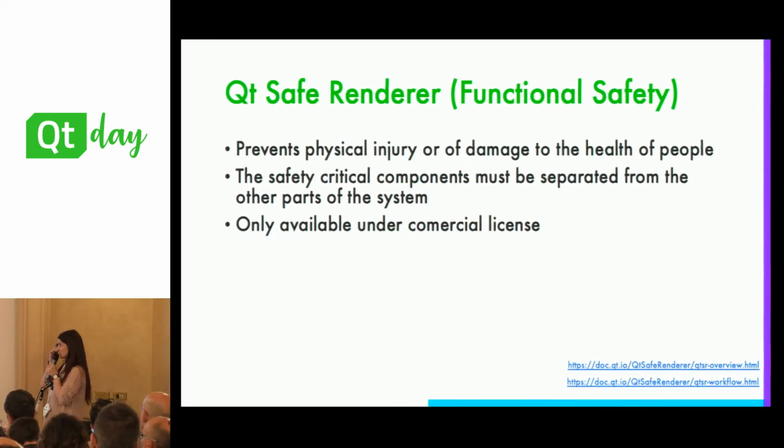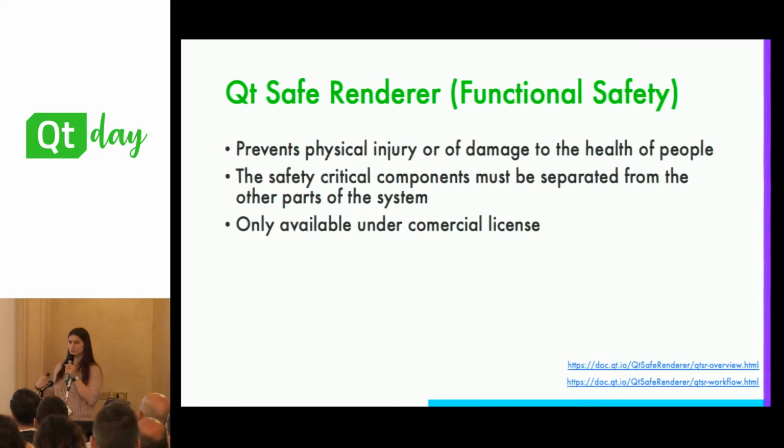So now coming to the more important and specific stuff, that's the Qt Safe Renderer. That's basically something relatively new, and it's used to prevent physical injury or damage to people. What does that mean? The instrument cluster of our car has some icons that indicate the state of the car, like battery and other very important information that we as drivers need to know all the time.